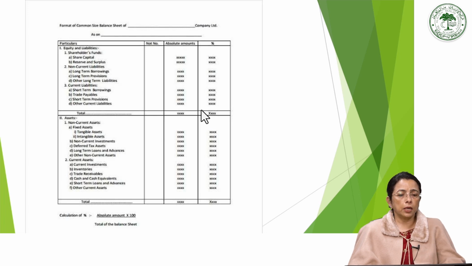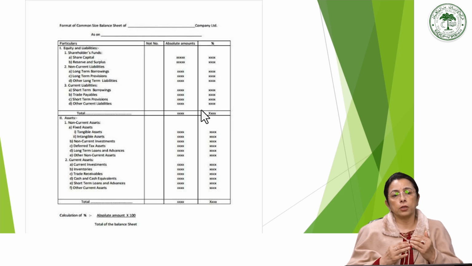The second heading is the non-current liabilities. In non-current liabilities, we have three: long-term borrowings, long-term provisions, and any other long-term liabilities, that is for more than a year. The third item is the current liabilities, which are short-term borrowings, trade payables, short-term provisions, and other current liabilities.